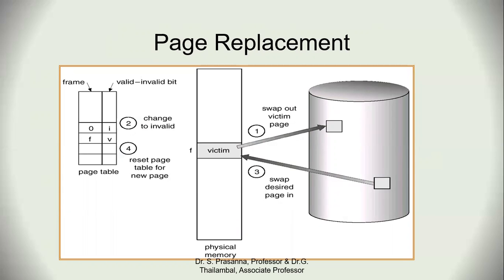And after this, the third step is to swap in the desired page you want, which is available in the backing store. And once you have swapped in that page, you have to again change the pages in the page table along with the bit also. Okay, so this is how you need to do the page replacement.